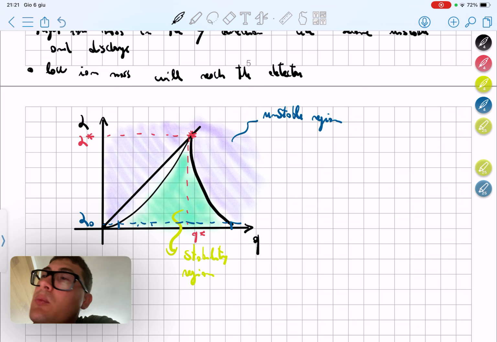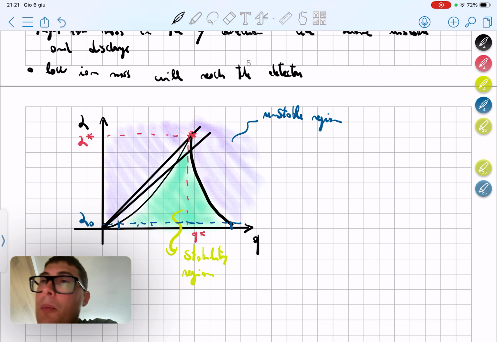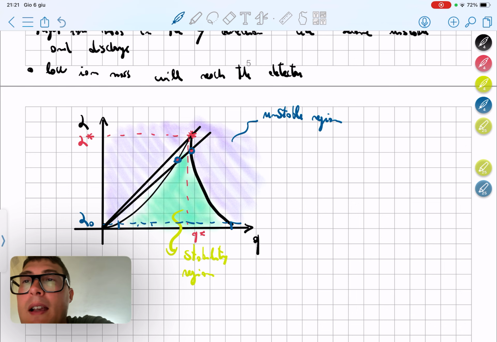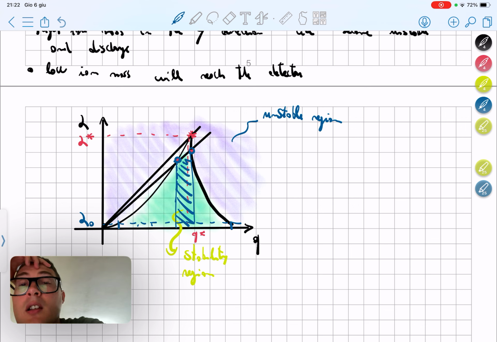So the best will be a compromise in which we cross somewhat closer to the top, where we have high sensitivity, but not only high sensitivity, we also have some resolution in our measurement.